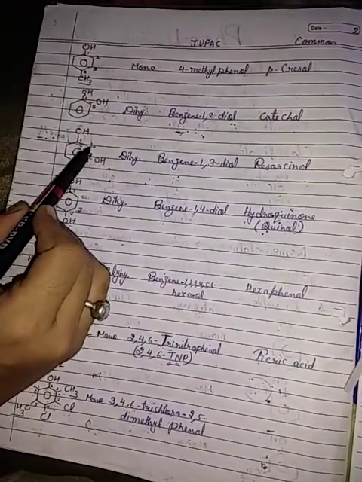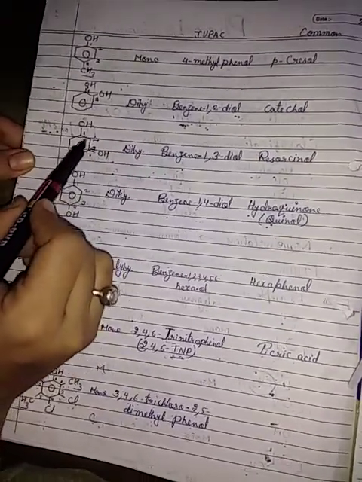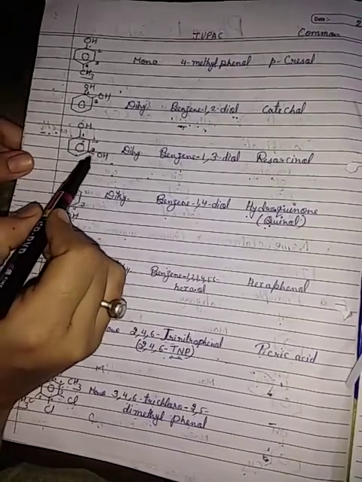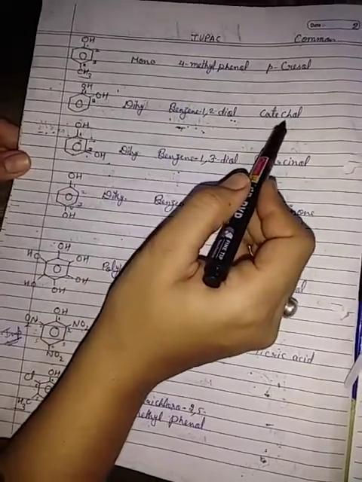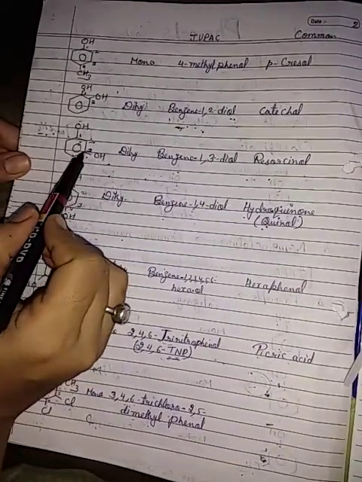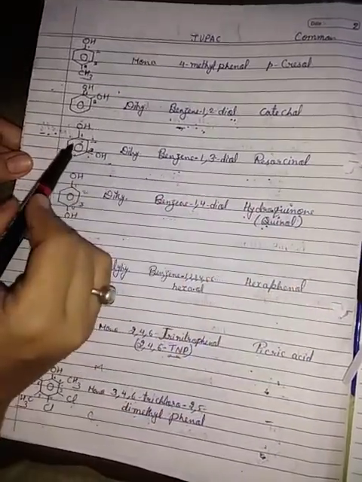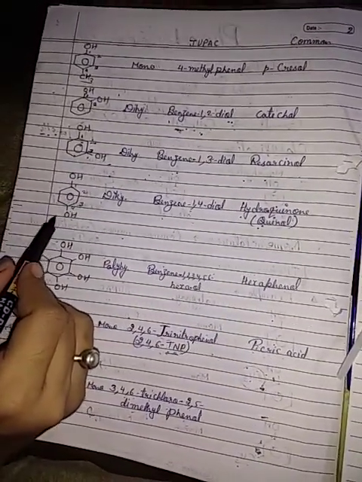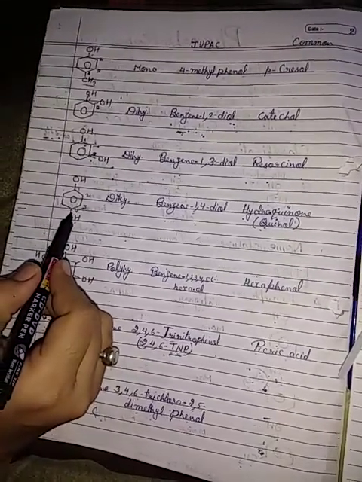The next example is OH attached at the meta position. This is ortho and this is meta. Catechol is the common name when OH is at the ortho position, but when OH is attached at the meta position, its name is resorcinol, and its IUPAC name is benzene 1,3-diol. The next example is OH attached at the fourth position, which is considered the para position.